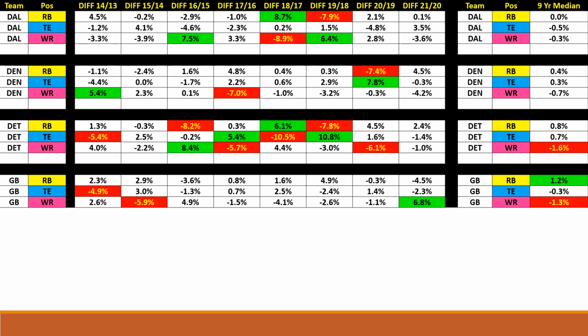Wilson has never had a kind of a 1A, 1B thing. He likes those dominant running backs, at least at Seattle with Lynch and whatnot. So I'm not sure how he's going to respond to this dynamic duo there of Gordon and Javonte.